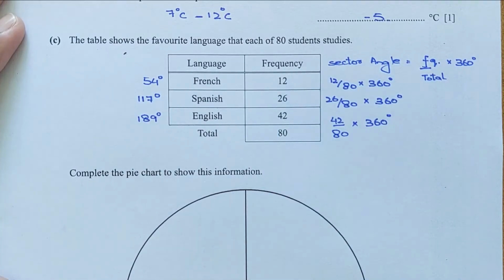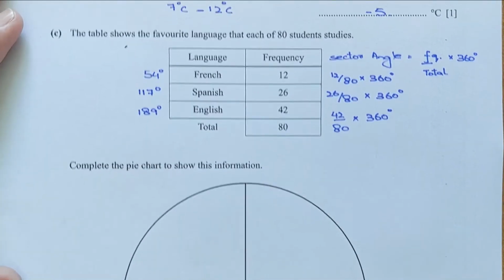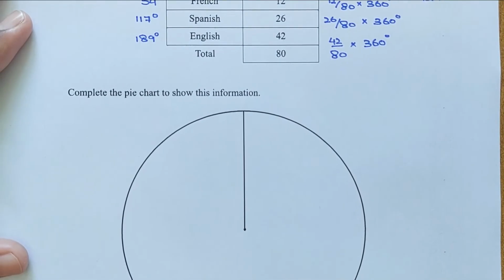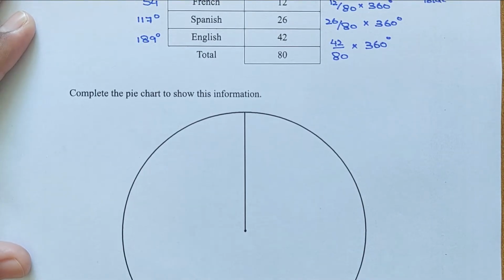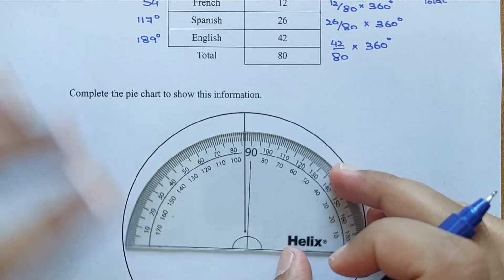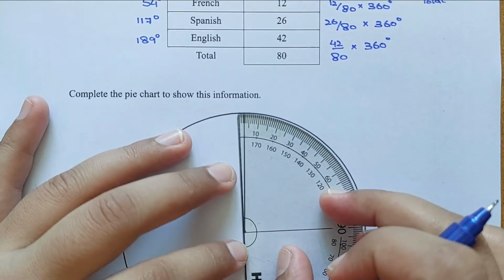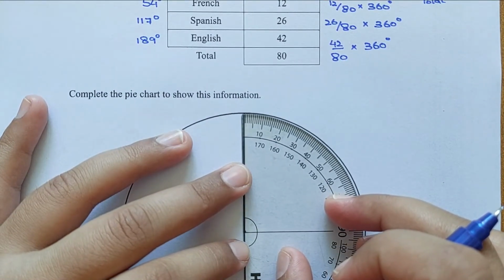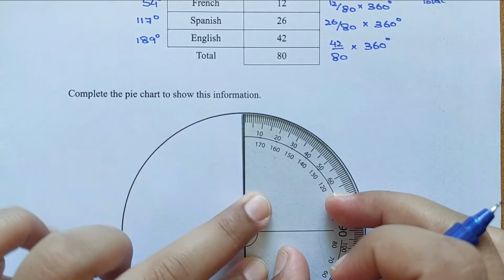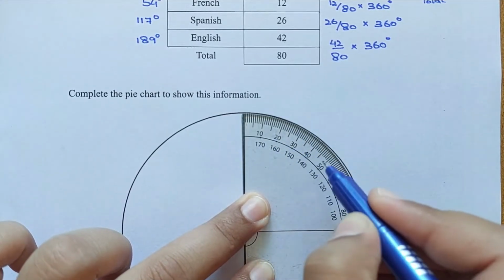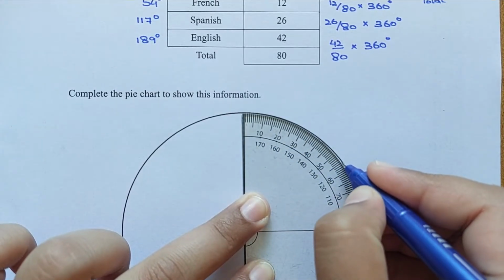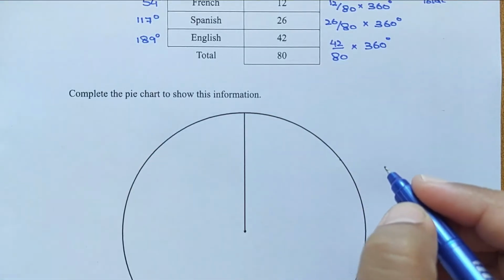All right. Now let me draw these angles. For French it is 54 degrees. Where is 54? 10, 20, 30, 40, 50 and 55, and 54 is over here.